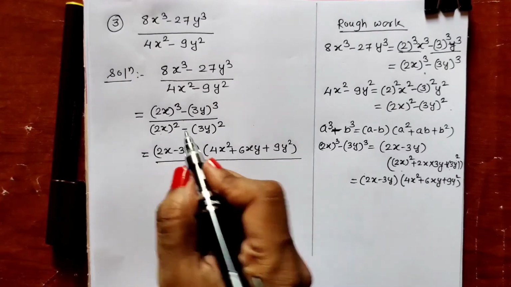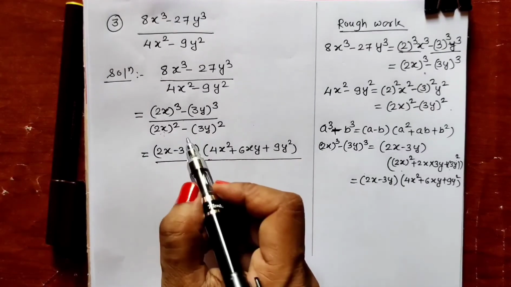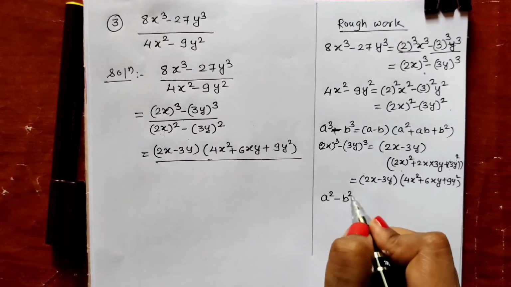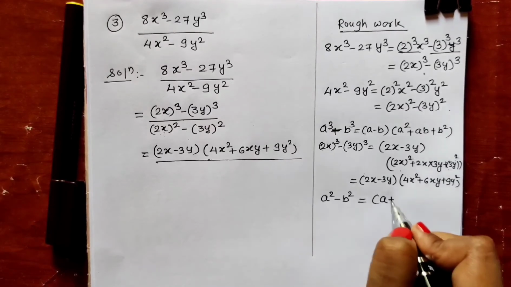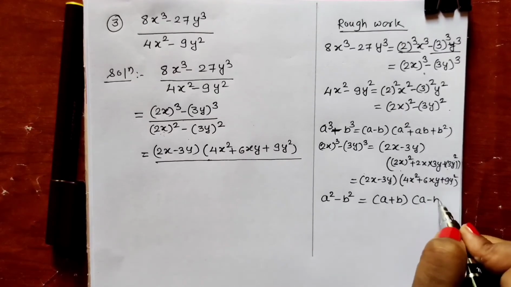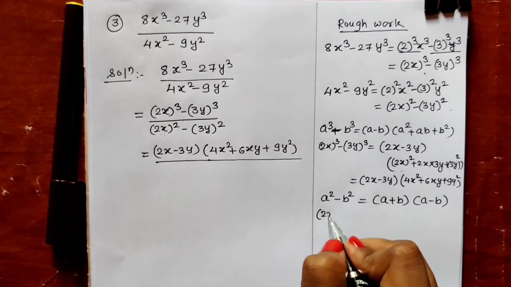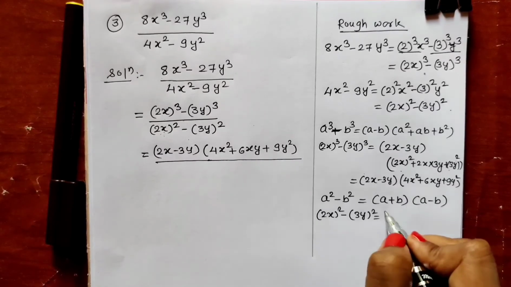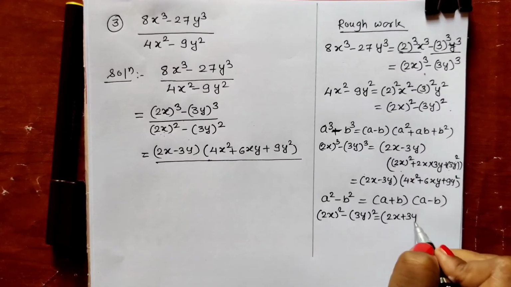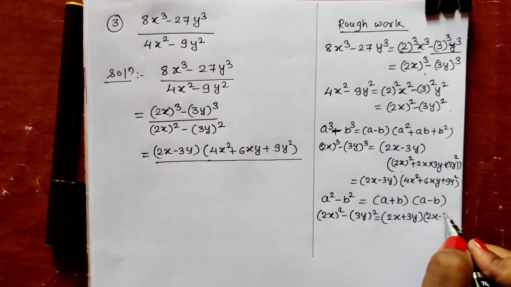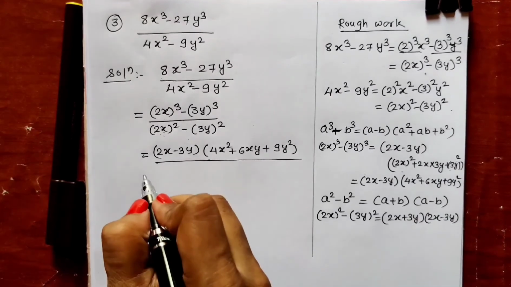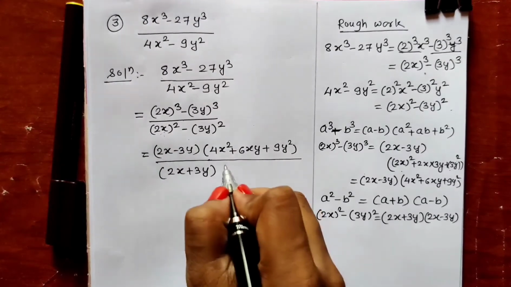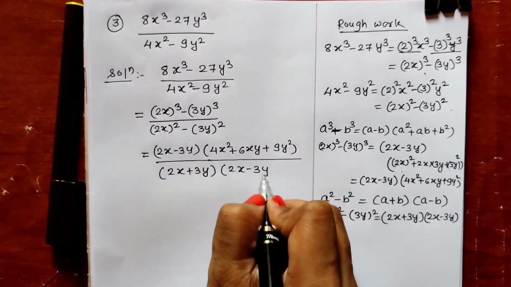Now for this expression in the denominator, a square minus b square, we can apply this formula: a square minus b square, first bracket a plus b, second bracket a minus b. So our a is 2x, b is 3y. In the first bracket a plus b means 2x plus 3y, in the second bracket a minus b means 2x minus 3y. So apply the formula, 2x plus 3y and 2x minus 3y.